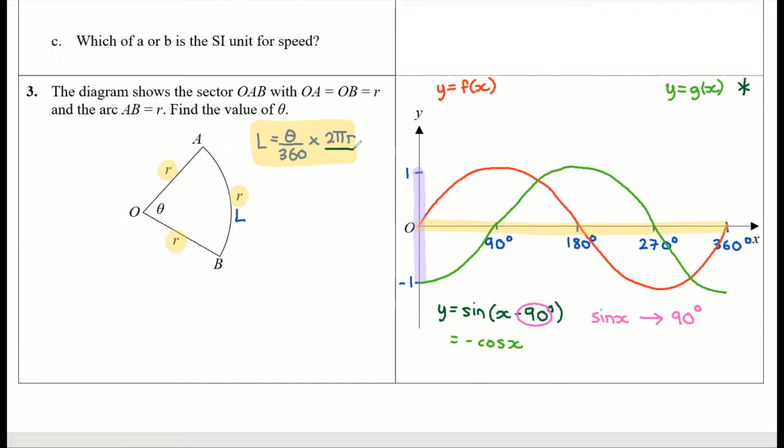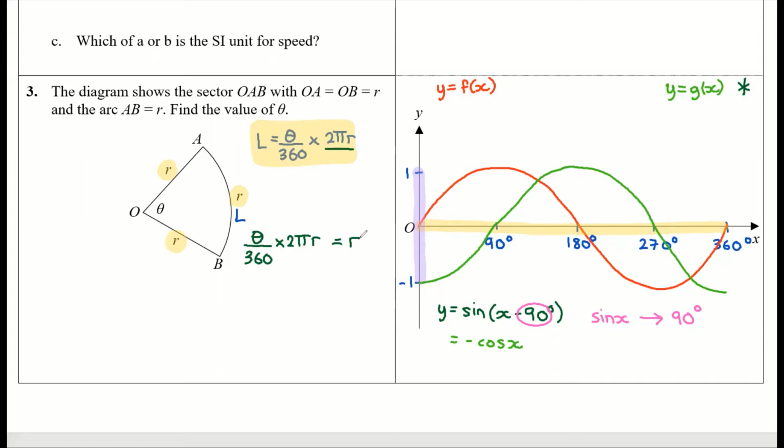So this gives us an equation we can solve, believe it or not, even though there'll be 2 unknowns. So let's set it up. So I'm going to do it over here. So we have theta over 360, multiplied by 2 pi r is equal to the arc length, which in this case is r.